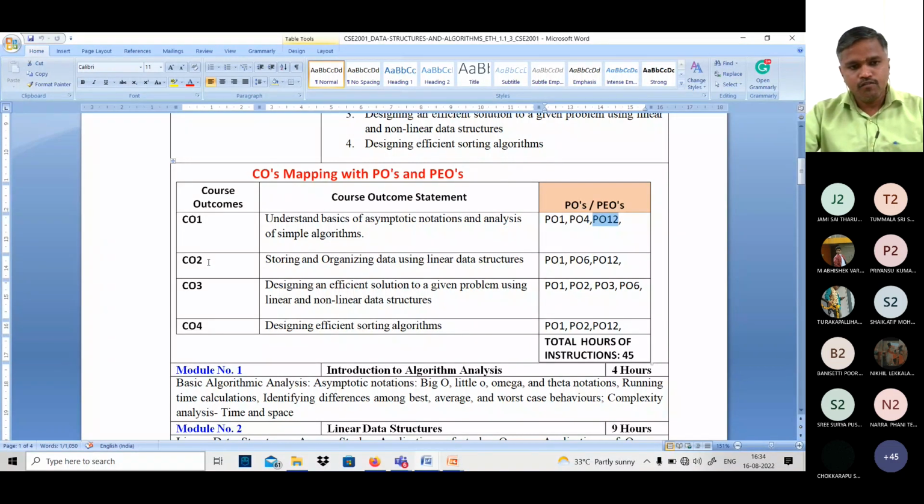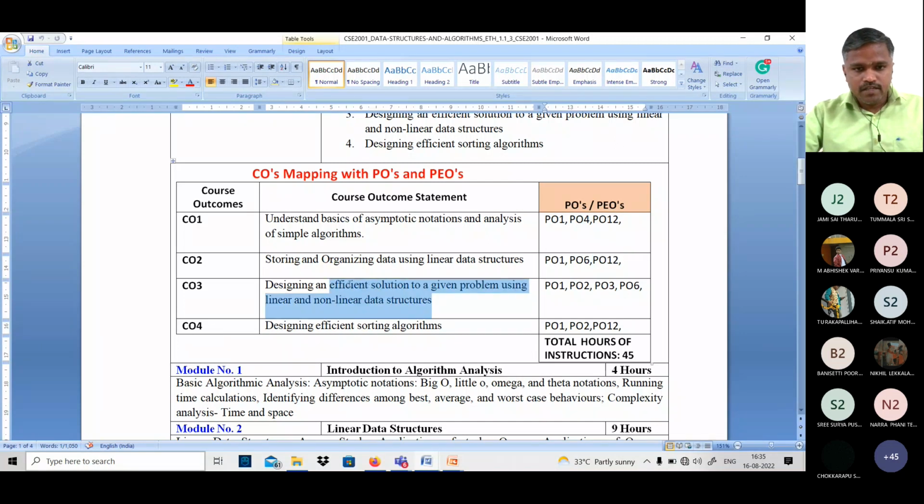Likewise, CO2, which is related to storing and organizing the data using linear data structures, is also related to engineering knowledge. Then the sixth one, engineering and society, and the 12th one, lifelong learning.